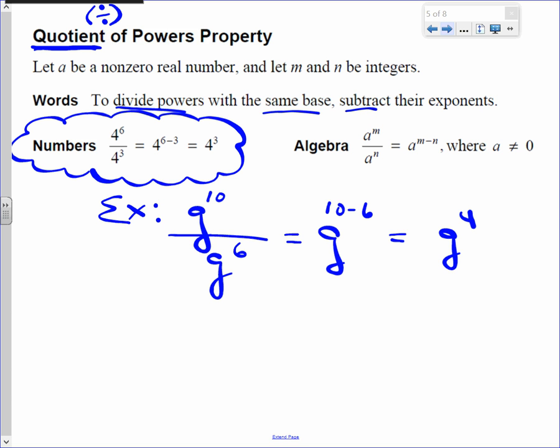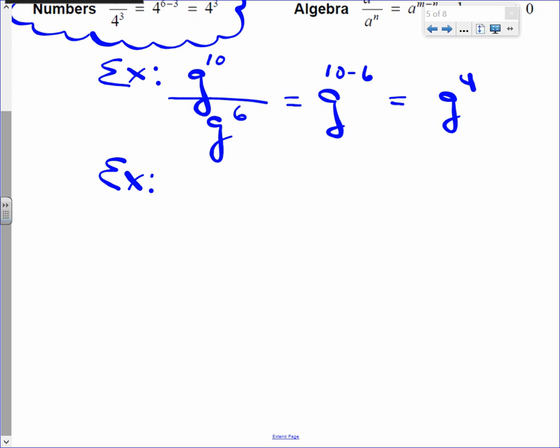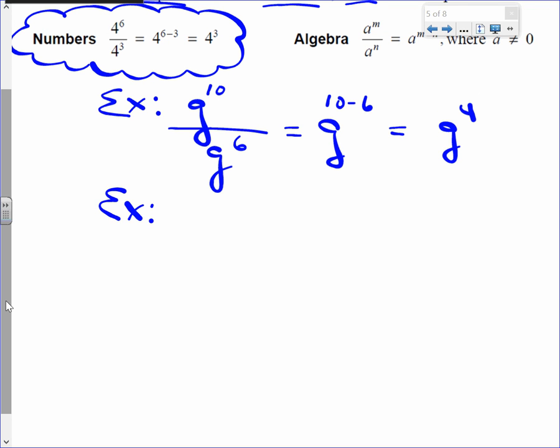Okay? Let's do the last one just for giggles here. H to the 30th divided by h to the negative sixth.